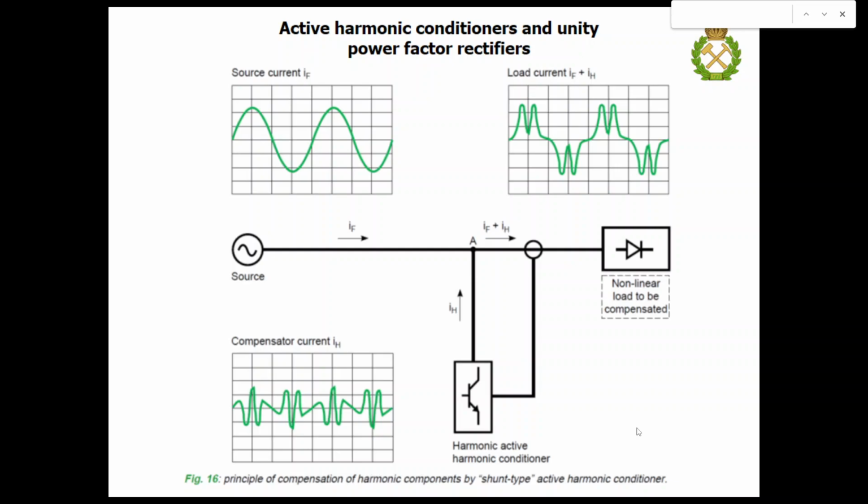But in practice, we also have a little level of distortions in our source current, but such a level is very low, and this level is lower than standard limits for current distortion.